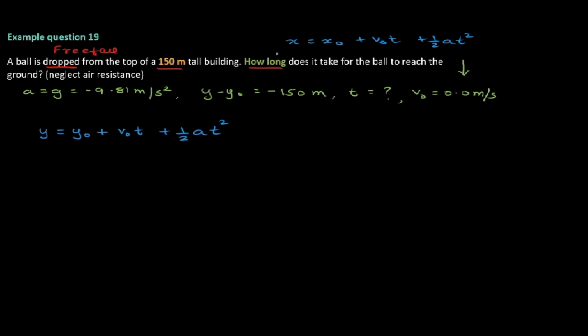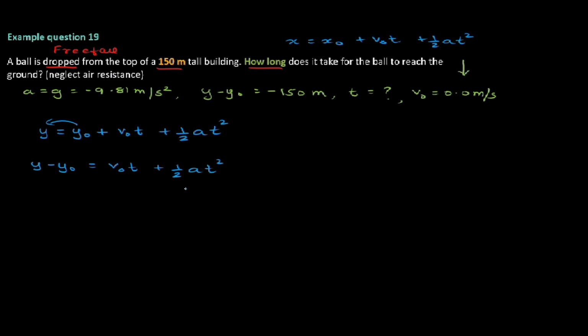Only in free fall motion, we replace x with y, and the acceleration I will take as the acceleration due to gravity, g. So let's move y0 to the other side. You get y minus y0 equals v0t plus half at squared.